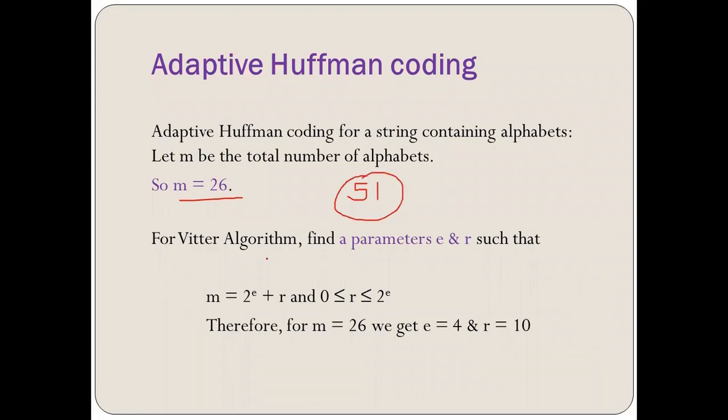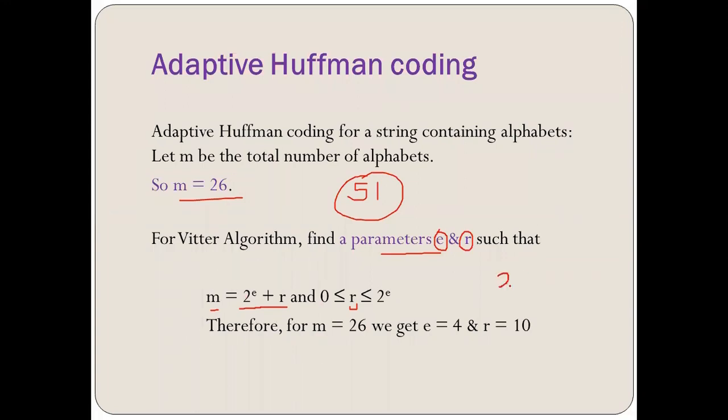Right? Now, in this particular algorithm, we are going to learn about two parameters. One is called E and the other one is called R, such that m is equal to 2 raised to the power E plus R, where we have to remember the condition, that R lies between the lower bound 0 and the upper bound 2 raised to the power E. Now, first of all, we all know that m is equal to 26, right?